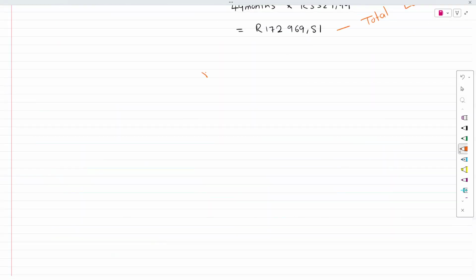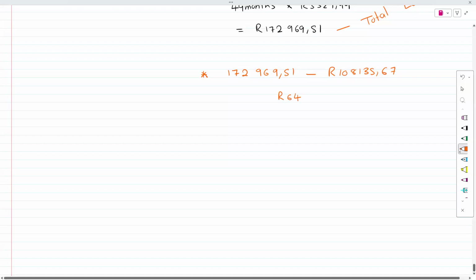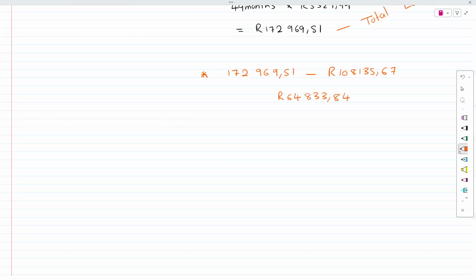Part four is for us to find out how much of the loan is left for me to pay. So if the total loan is 172,000 some change, and I finished paying 108,135.67, the total part of the loan that's left is only 64,833.84.